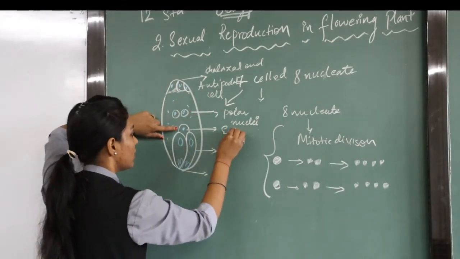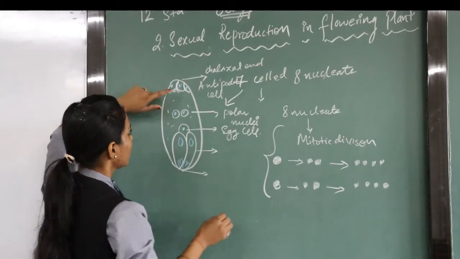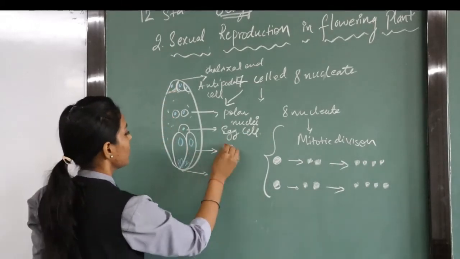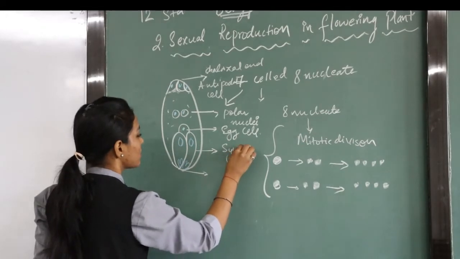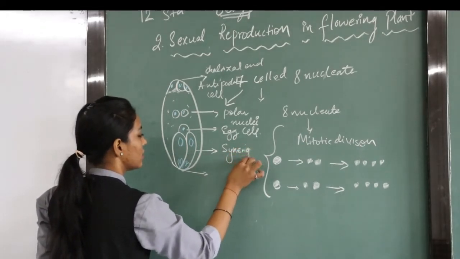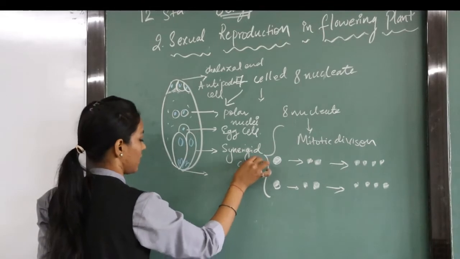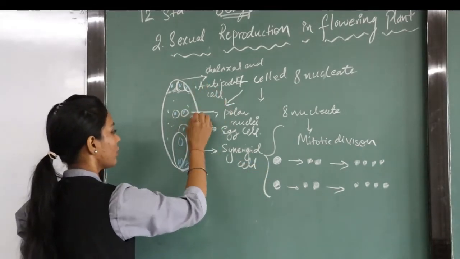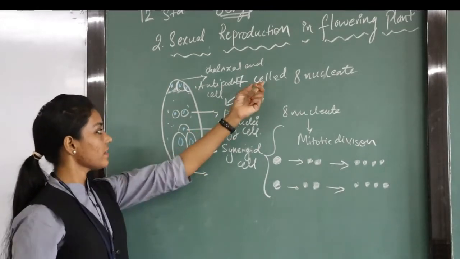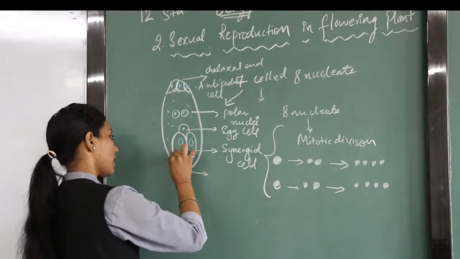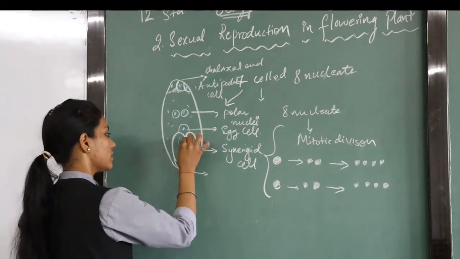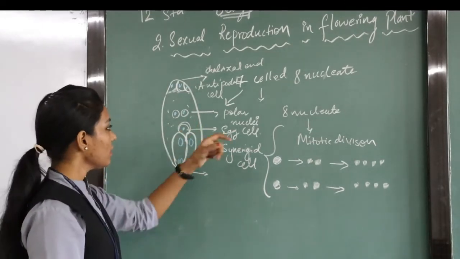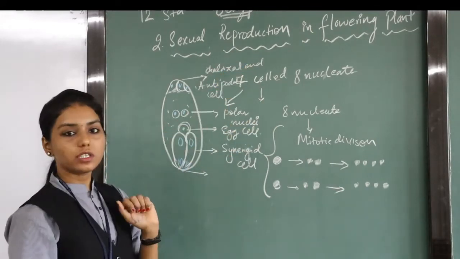Then the egg cell: 3 plus 2 is 5, 5 plus 1 is 6, and these together are called synergid cells. So you can see 1, 2, 3, 4, 5, 6 and 7. These 7 cells each have a cell wall covering the nucleated cell. This is how the embryo sac formation takes place.